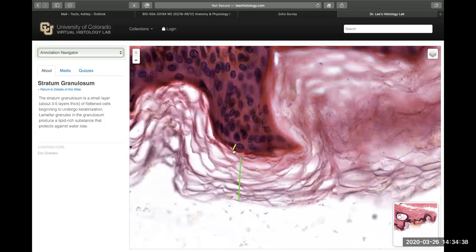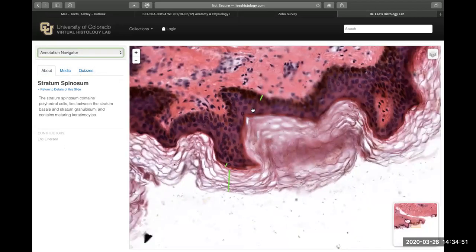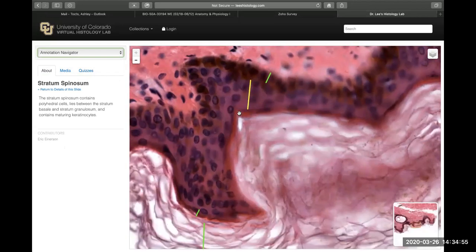The granulosum, where you've got lots of granules of keratin and keratohyalin present. Deep to that, the stratum spinosum, which is from here to here. So I guess you'd have the granulosum around here. The spinosum is this area that looks a little bit more purple versus the red of the layers superficial and deep to it.